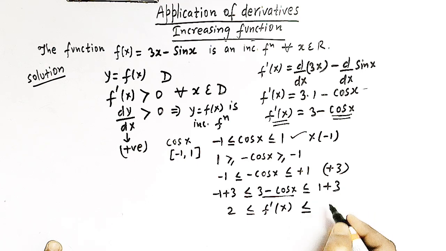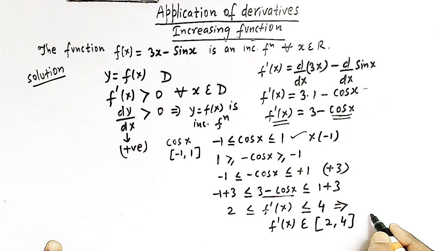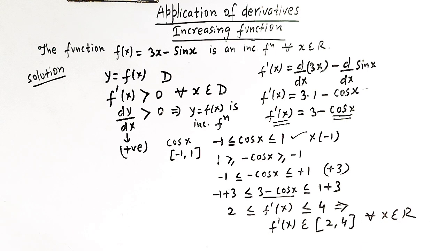And here 3 plus 1 is 4. So from this inequality we can easily conclude that the derivative lies in the interval, that is 2 comma 4, for all x belonging to the set of real numbers.